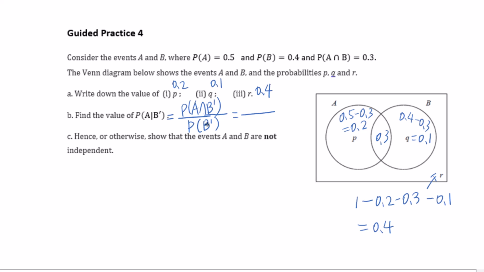For the probability of B prime, we will use 1 minus the probability of B. The probability of A intersection B prime will be in A but not in B. So it's P, 0.2, over 1 minus 0.4, equals 0.2 over 0.6 equals 1 over 3.